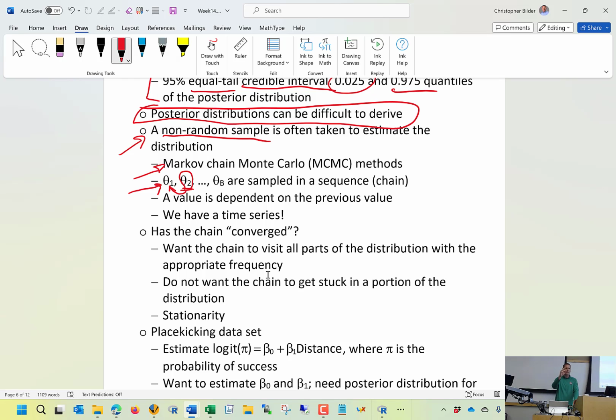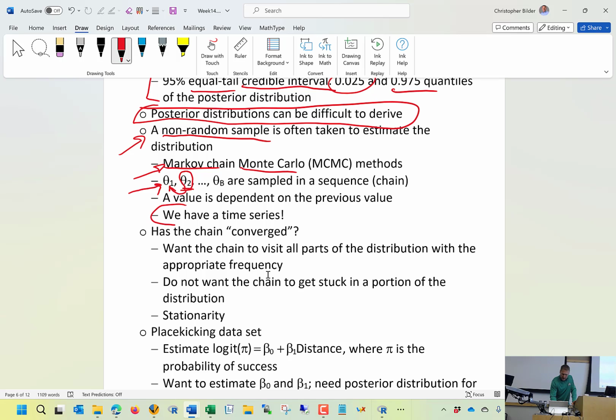The index means I got theta 1 first, theta 2 second, theta 3 third, and so on, where theta 2 is dependent upon theta 1, theta 3 upon theta 2, and theta sub b, our last value, upon theta sub b minus 1. That kind of dependence is referred to as a Markov chain. The Monte Carlo comes from the fact that I'm taking a sample, simulating with a computer.